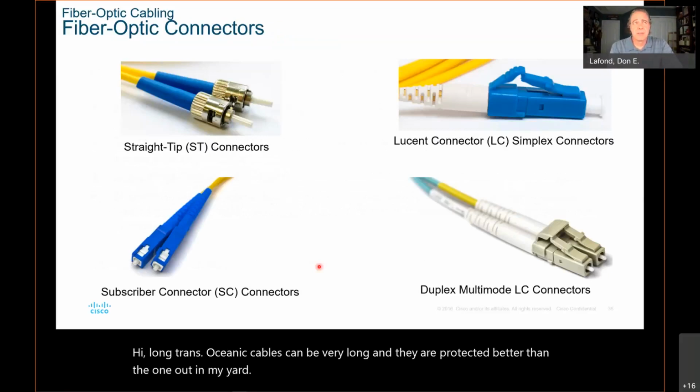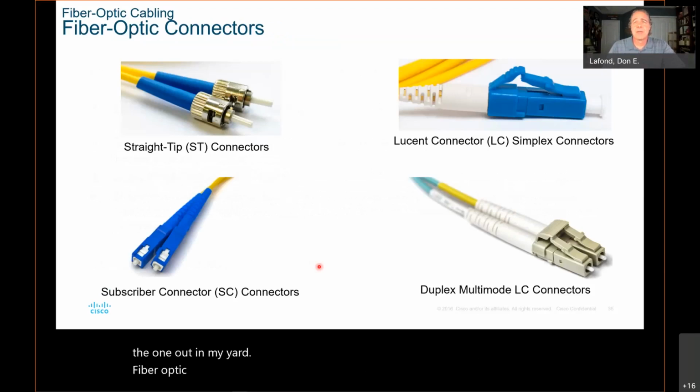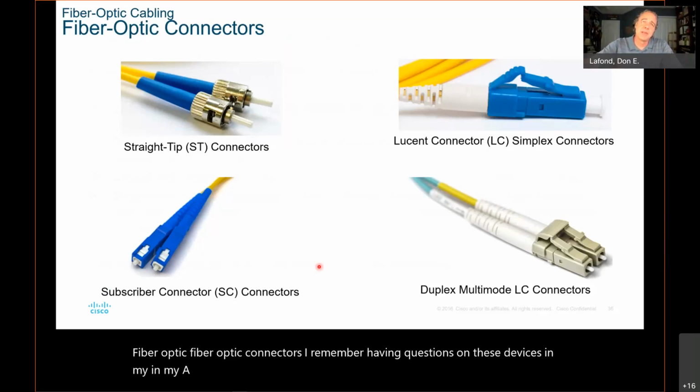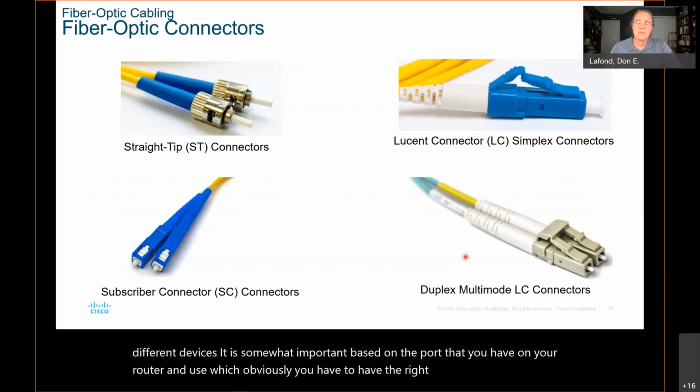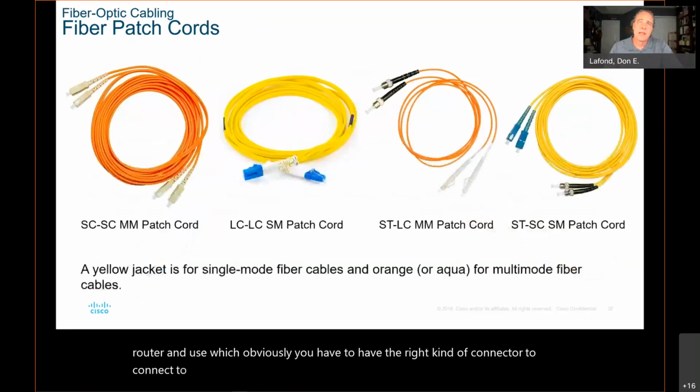Fiber optic connectors. I remember having questions on these devices in my A+ exam. So if you haven't taken A+ yet, you need to know the different devices. It is somewhat important based on the port that you have on your router and your switch. Obviously, you have to have the right kind of connector to connect to your device.